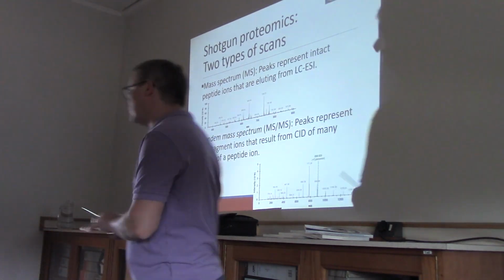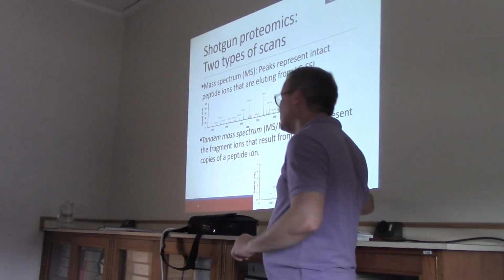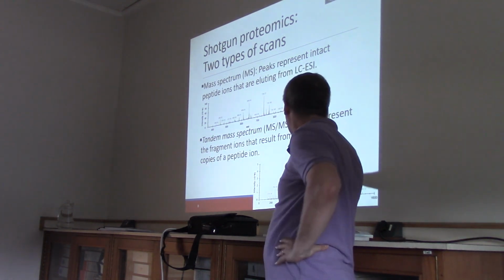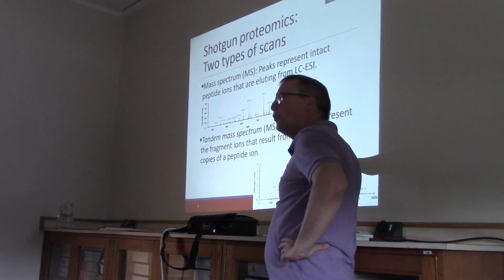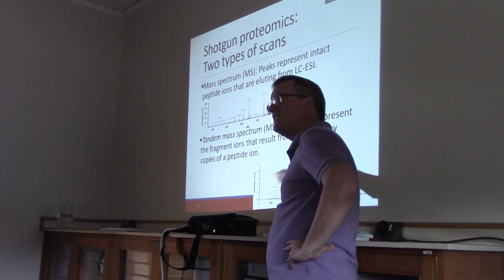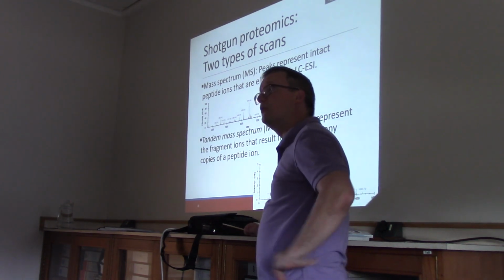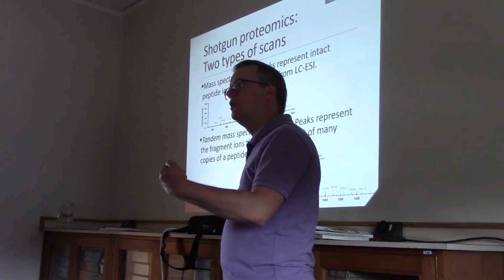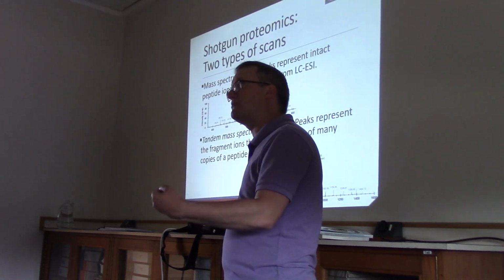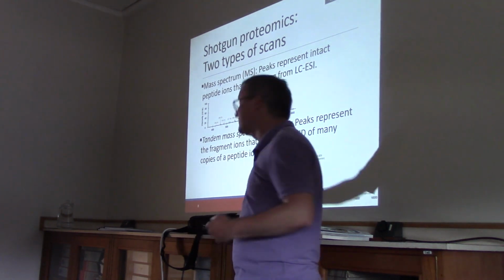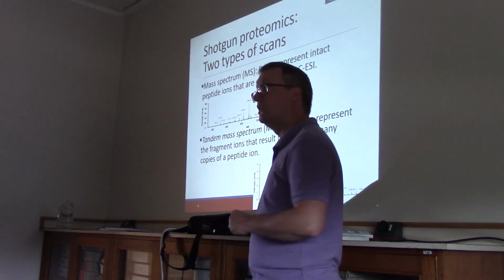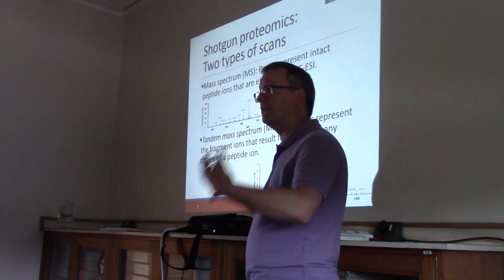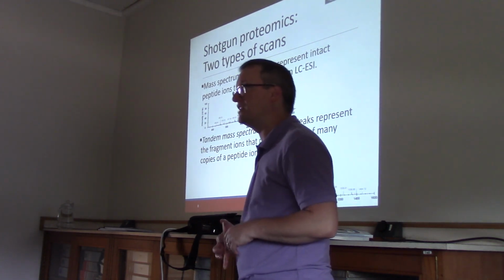The tandem mass spectrum then is a list of fragments, but it is also, at least in the kind of shotgun proteomics techniques we're talking about, it has the information of what we blew up to create this set of peptide ions. So we remember what mass to charge ratio was characteristic of the peptide that we blew up, and we have the list of fragments that we're seeing for it. This tandem mass spectrum is our source material when we're doing our identification of peptides and proteins.